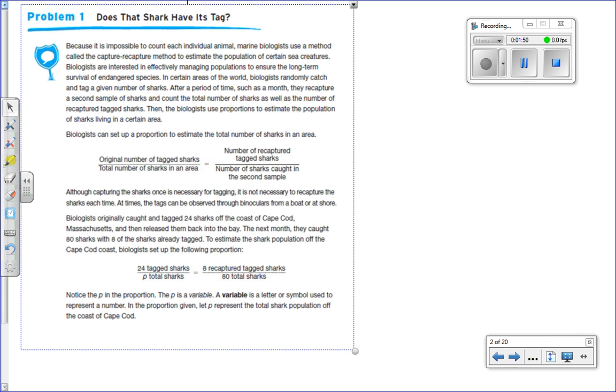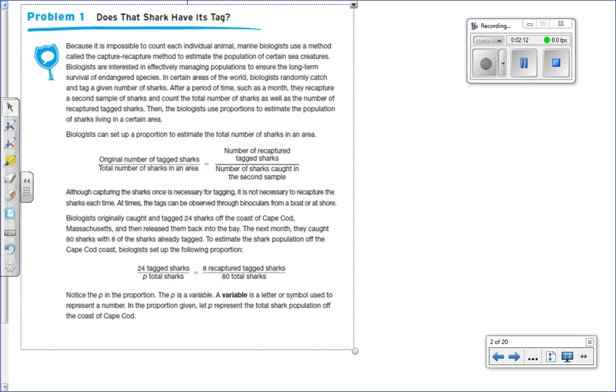Problem 1, does that shark have its tag? Because it is impossible to count each individual animal, marine biologists use a method called capture-recapture method to estimate the population of certain sea creatures. Biologists are interested in effectively managing populations to ensure the long-term survival of endangered species.